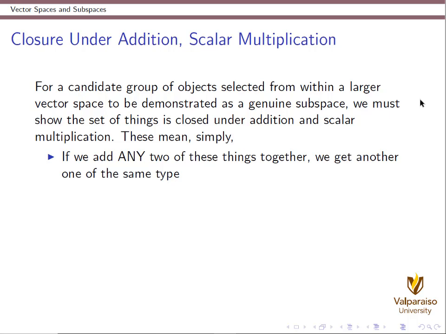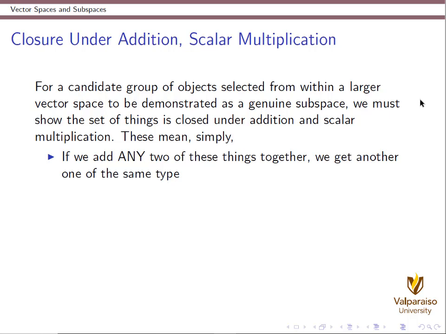And closure under these operations just means that when you do the operation with members of this set, you produce another member of the set. Again, we don't want to take a polynomial and add another polynomial and produce a frog, right? That would not be closed under addition or scalar multiplication.